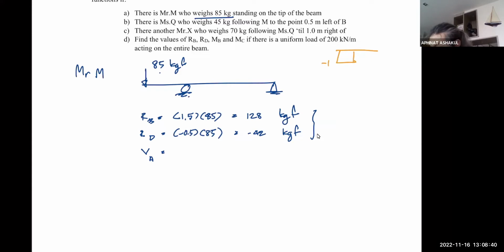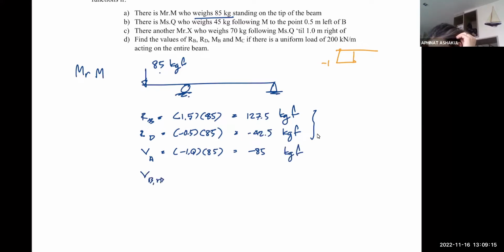Minus 1 up until point A, and we have the load here. So this is minus 1 multiplied by 85. Okay, to ease the pain a little bit, let's take this significant figure out so that you can see that the sigma Fy is indeed 0.